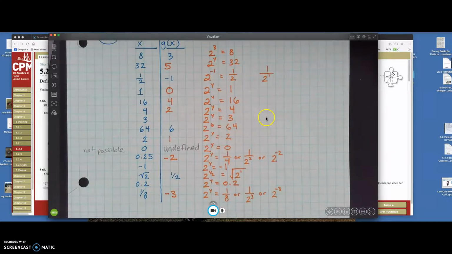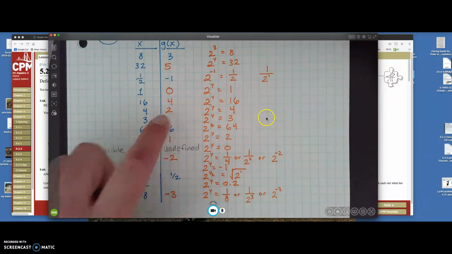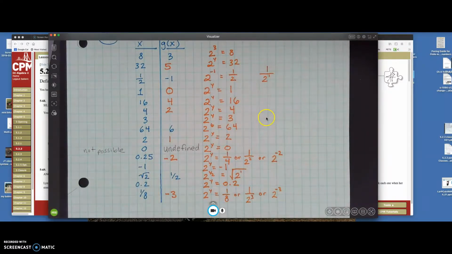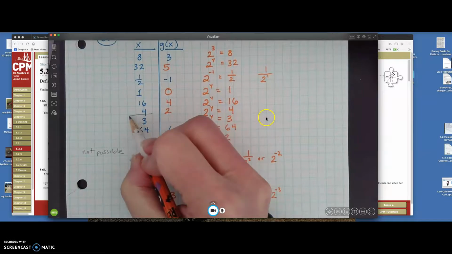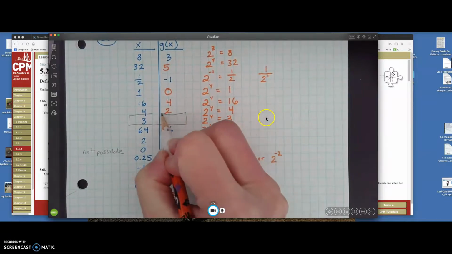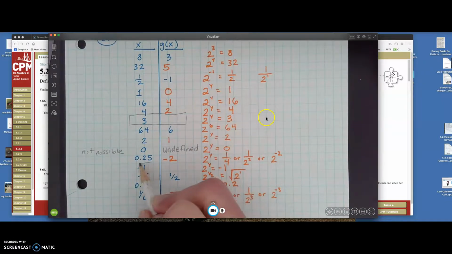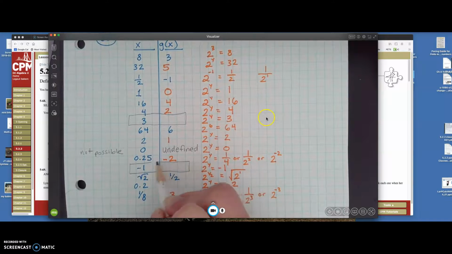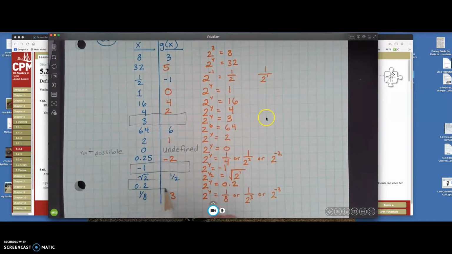Okay, so now what we have to do is figure out those empty spots up here. I'm going to put a box around them. I'm going to need to show work. I'll do that down below, and this one here.